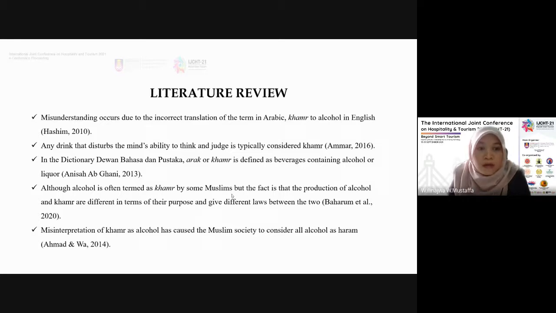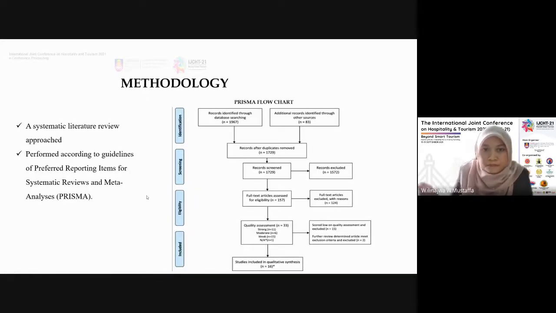Although alcohol is often termed hamar by some Muslims, the production of alcohol and hamar differ in purpose and are governed by different laws, by Baharum et al. 2020. The misinterpretation of hamar as alcohol has caused Muslim society to consider all alcohol as haram, by Ahmad and Wahab 2014. Next we proceed to the methodology.